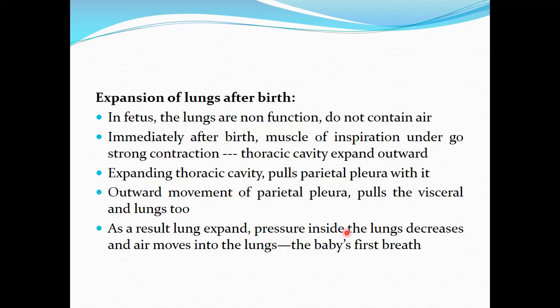You must know that there is an inverse relationship between volume and pressure. As the volume increases, the pressure decreases. So the lungs expand, the pressure inside the lungs decreases and becomes less than the atmospheric pressure. So air will move into the lungs, which constitutes the baby's first breath.